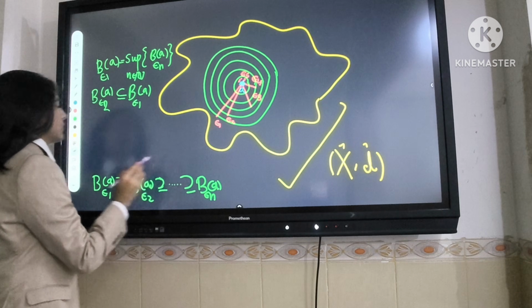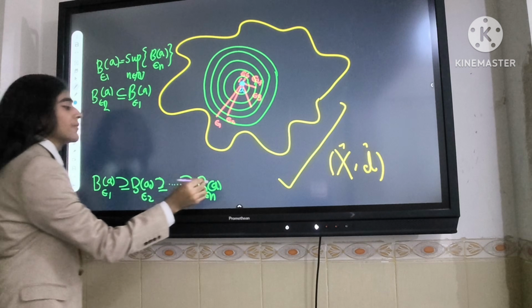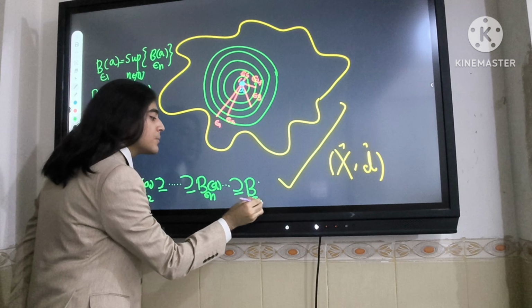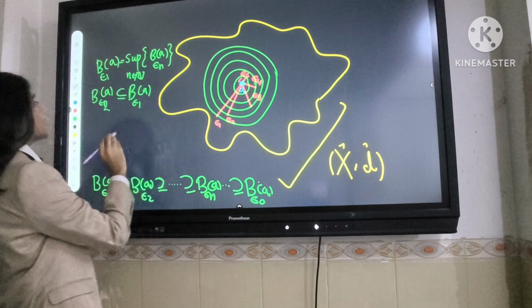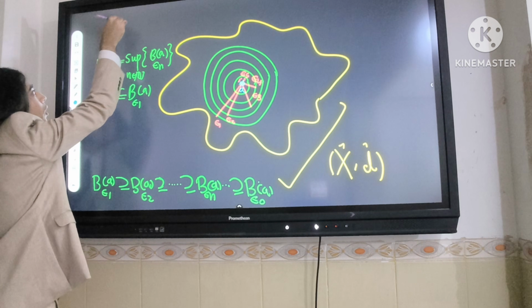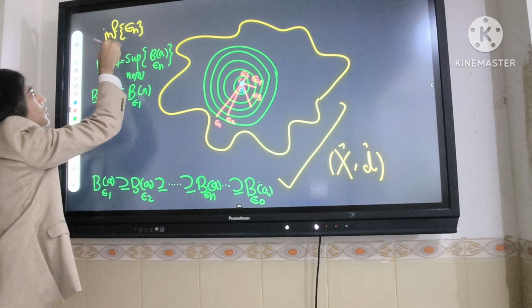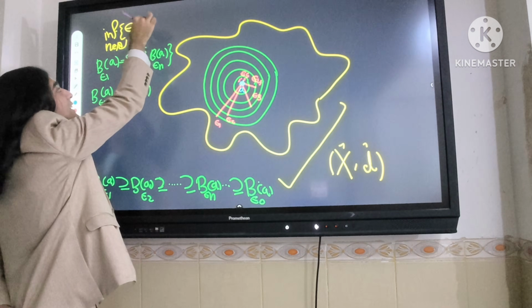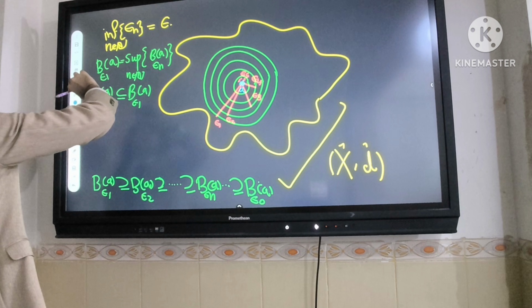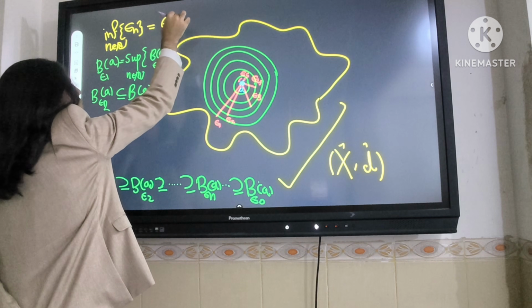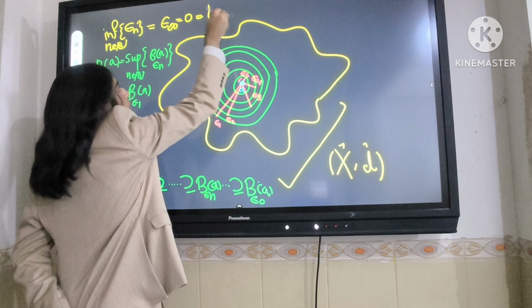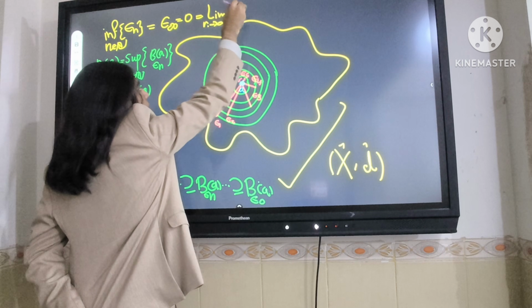I write epsilon sub 0. Note that it's very interesting information that the infimum of epsilon n for all n is equal to epsilon sub 0, sub infinity, which is equal to 0, which is equal to the limit of epsilon n.